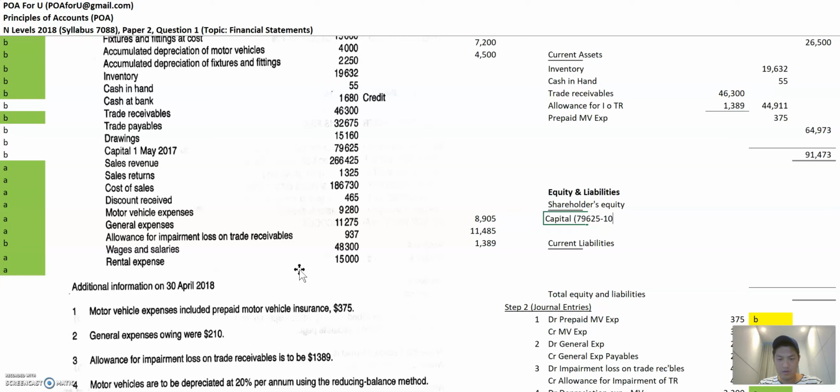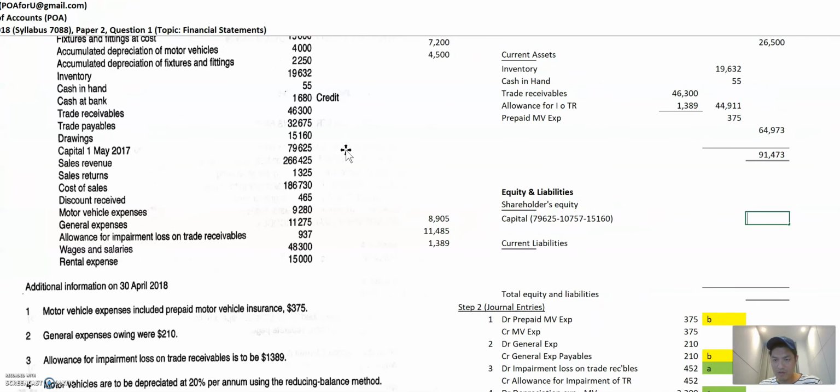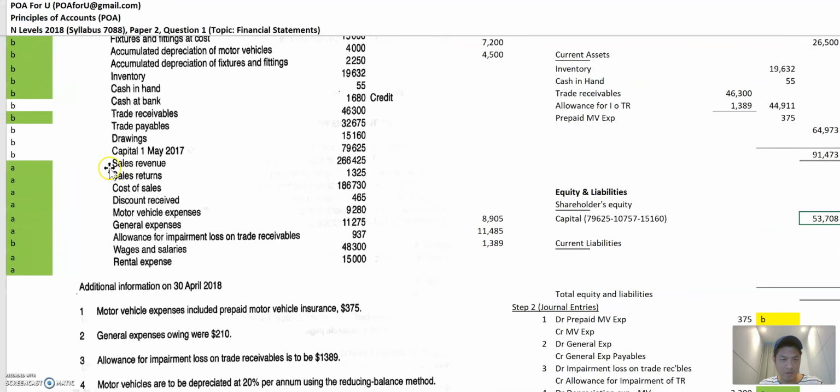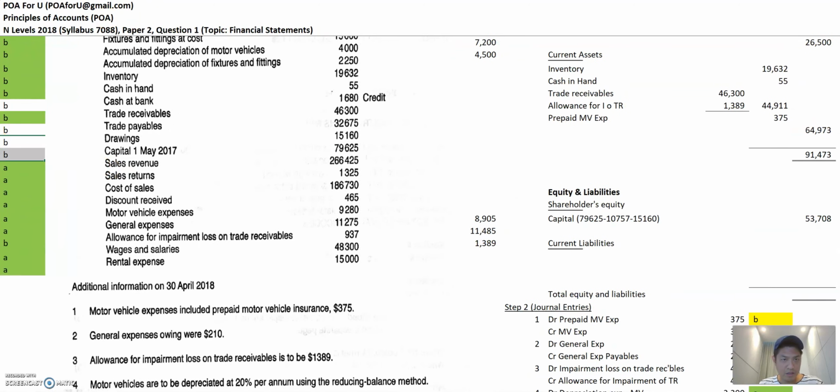So less 10757 and less drawings of 15160. Okay, so that's our ending capital, and then we have to drop it here, and that's your ending capital. Now I'm going to mark these two as done.